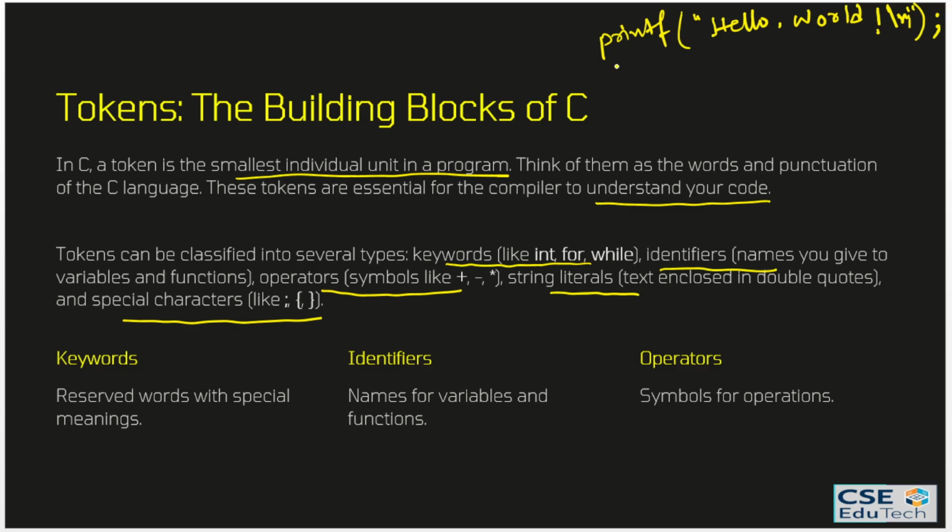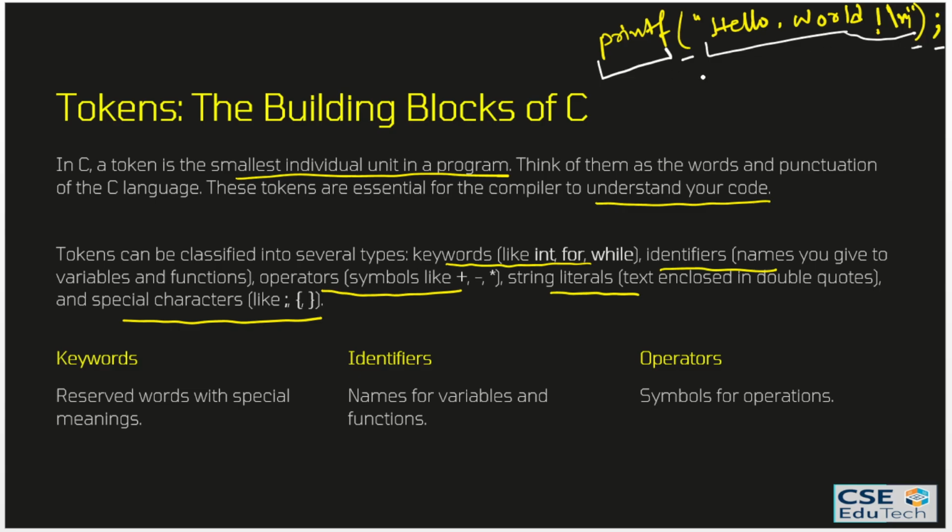How many tokens are there in this statement? First, printf is one token, then the opening parenthesis, then this whole string is another token, then the right parenthesis, then the semicolon.